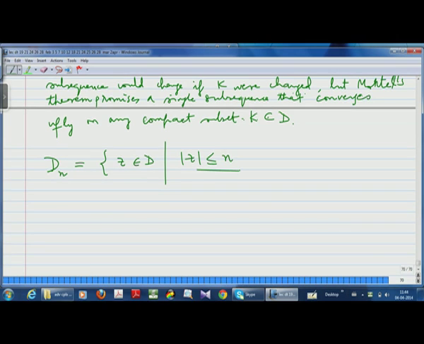This first condition tells you that each Dn is automatically bounded. And here is the second condition: the distance from z to the boundary is at least 1 by n. It's a rather nice condition.